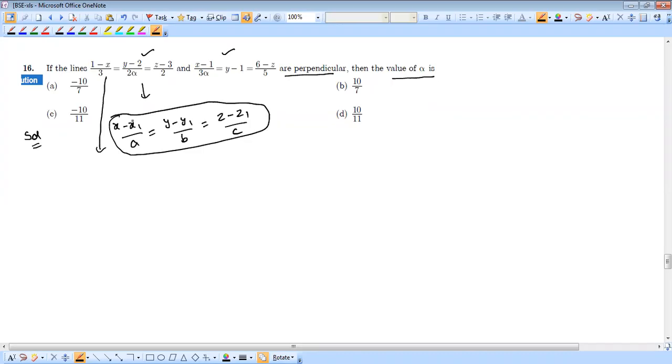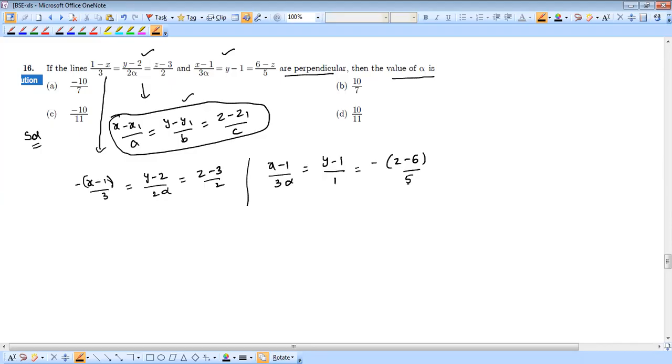Now 1 minus x by 3 is not in the form. So if you take the minus out, minus of x minus 1 by 3. And y minus 2 by 2 alpha and z minus 3 by 2. Okay, this is balanced. Another one: x minus 1 by 3 alpha and y minus 1 divided by 1, I am taking to get the standard form, and minus z minus 6 by 5.